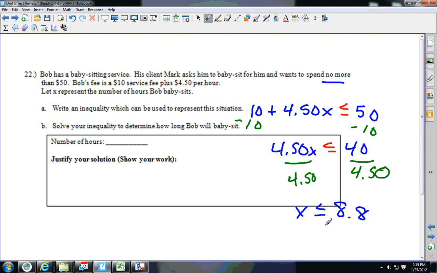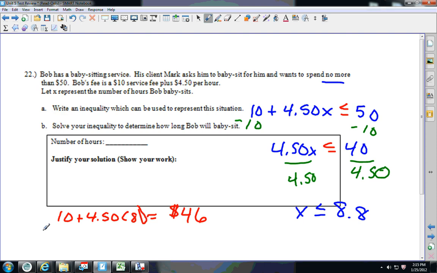Okay, now it wants to know how many hours he is going to work, but the client doesn't want to spend any more than $50. So if I took $10 plus 4.50 times 8, how much is that for 8 hours? So we take 4.50 times 8 plus 10, and you're going to get $46.